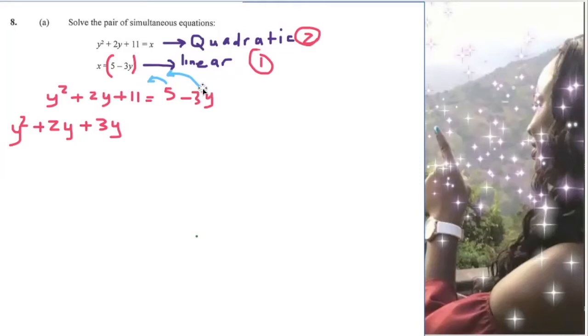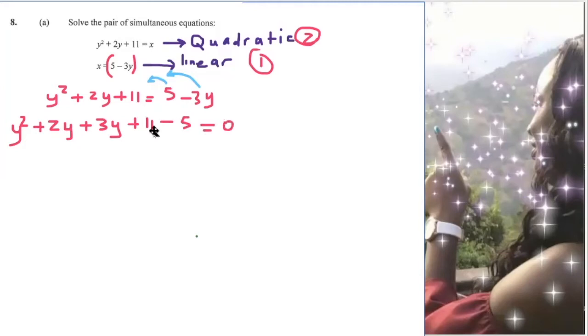So I have 2y plus 3y. Then I'm going to rewrite this plus 11. Now this 5, we're also carrying it over, so it becomes minus 5 equal 0.